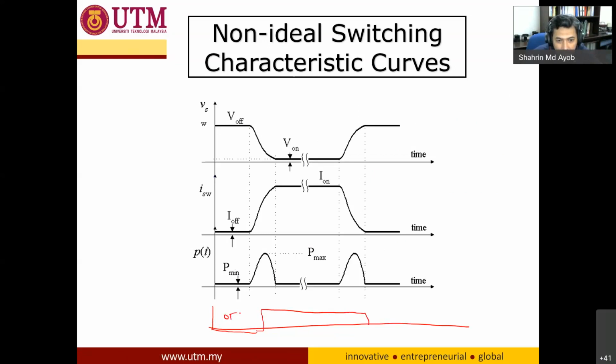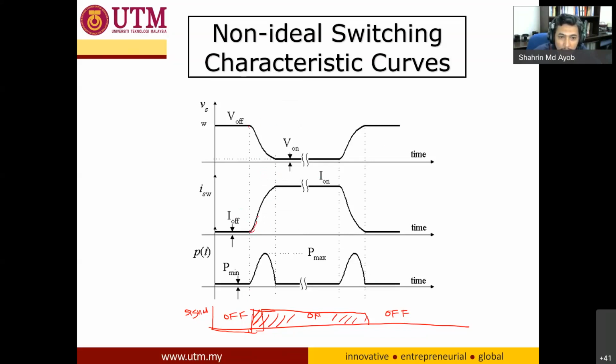This is the signal from the microprocessor, and this is on and this is off. Okay, so you will see that even though you give the signal on, it doesn't turn on immediately as in the ideal switch. It has some delay.